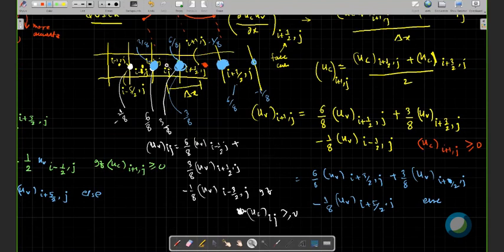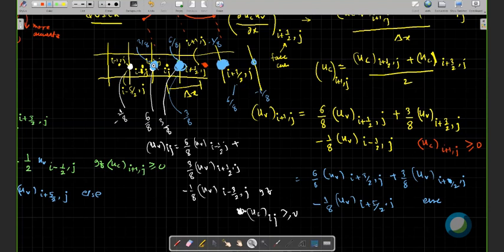Based on the values, if this is positive, then you take 1 point from the up direction and 2 points from the back. If it is negative, 1 point from the up direction, 1 point from the other up direction, and 2 points from the back direction.